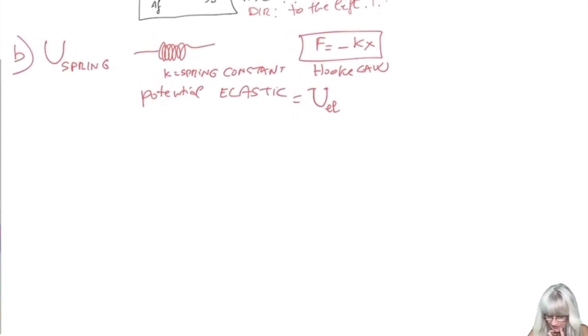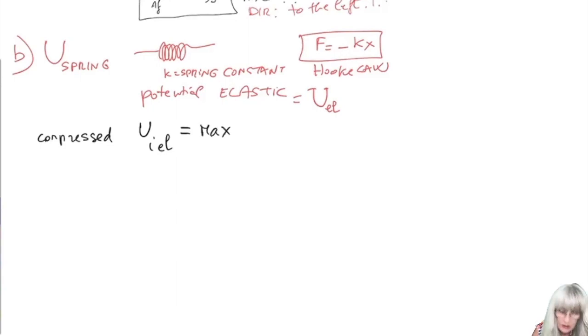Now, we know that initially the spring is fully compressed. So basically this initial elastic potential energy is really gonna be stored at the maximum. When it is unleashed, when it is stretched, the final elastic potential energy will be 0 because it is unleashed.